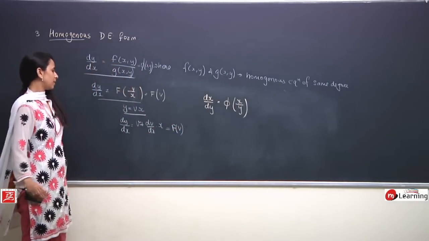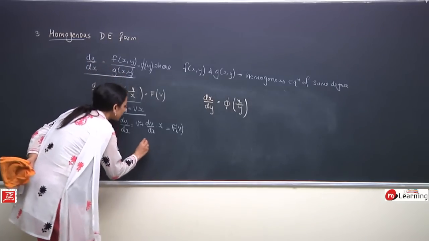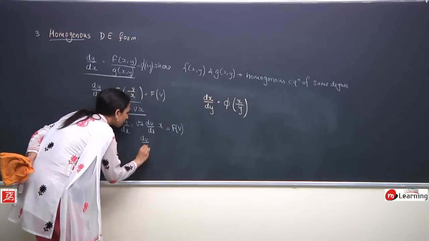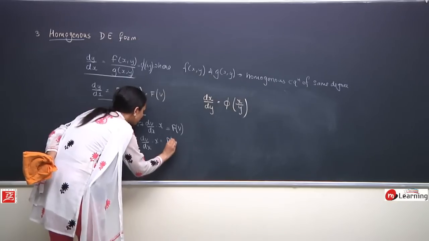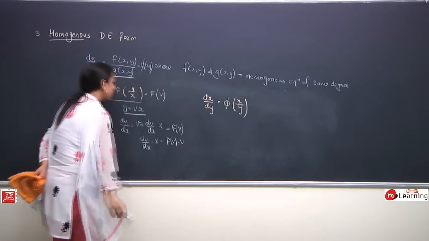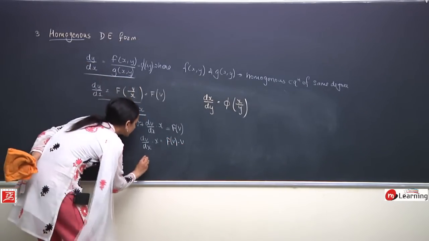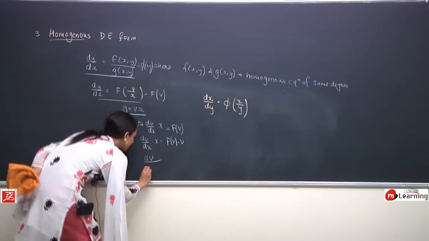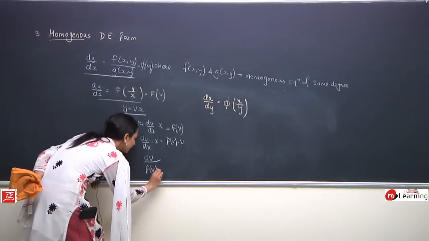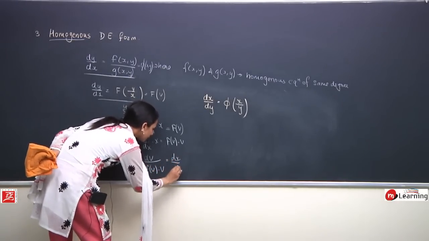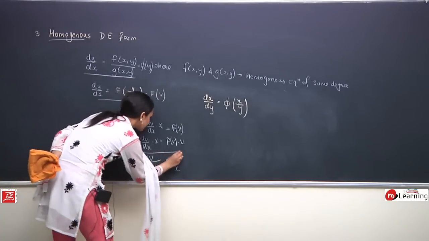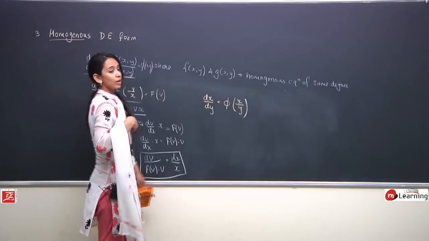So what can I write from here? I can write dv by dx into x is equals to f of v minus v, or I can write dv upon f of v minus v is equals to dx upon x. What is this?